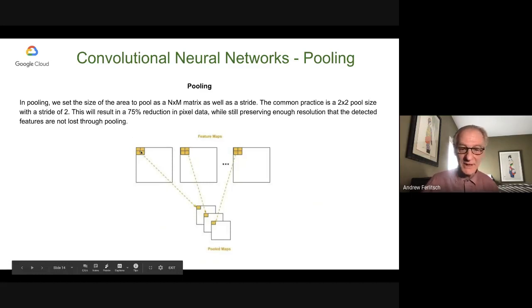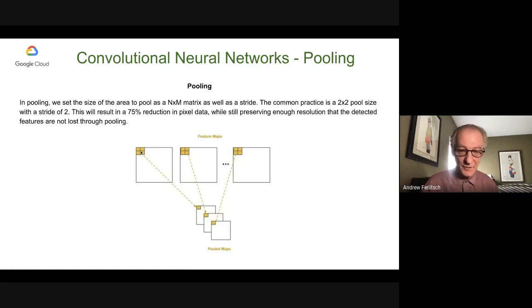Now, because we use a stride of 2, these maps are going to end up half the height and half the width. And that means we're going to reduce the amount of pixel data by 75%. And in general, at this reduction, we're still able to preserve enough resolution that the detected features are not lost through pooling.